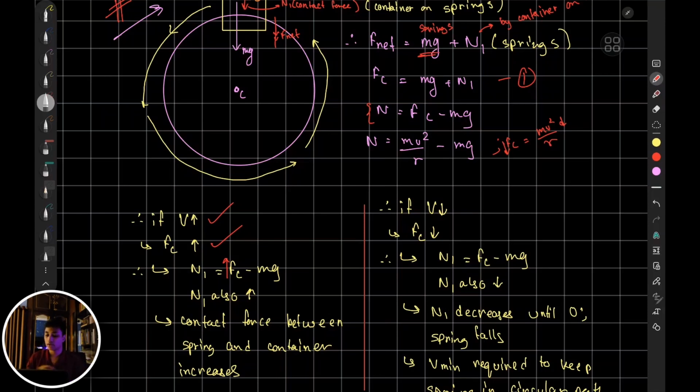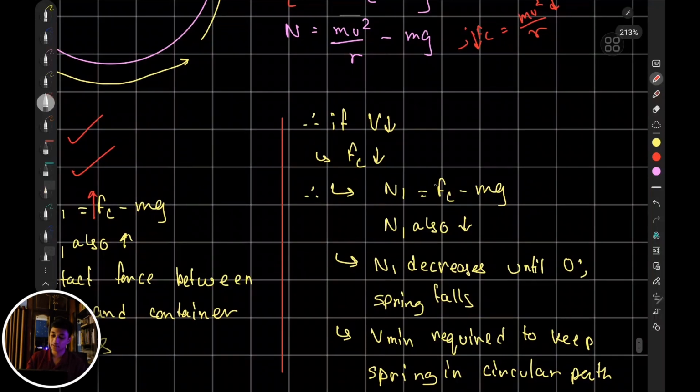Great. So what does that give us? If v decreases, centripetal force also decreases. In that case, since this is decreasing and mg is a constant, not changing at all, we can say N1 or the contact force is also decreasing.